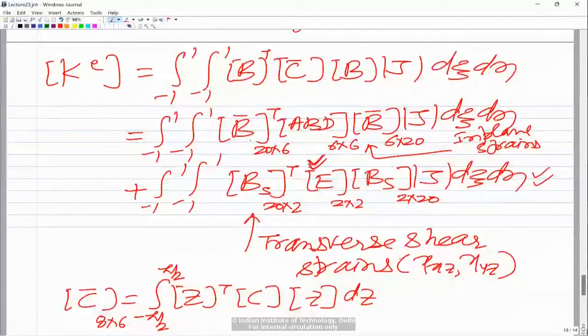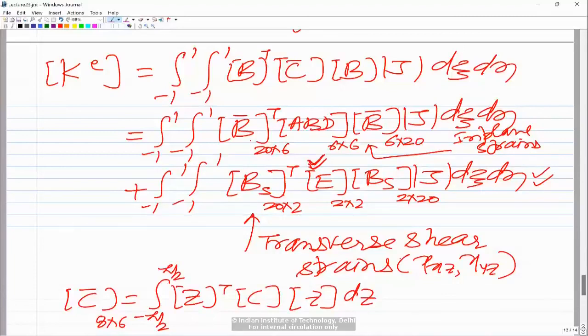The second part here is coming from the transverse shear strain, so we also call it the transverse shear stiffness. This gets overestimated if we use full integration, and overestimated stiffness would under predict the deflection. So you will get the lower deflection. To correct that, we are using a lesser number of Gauss points.